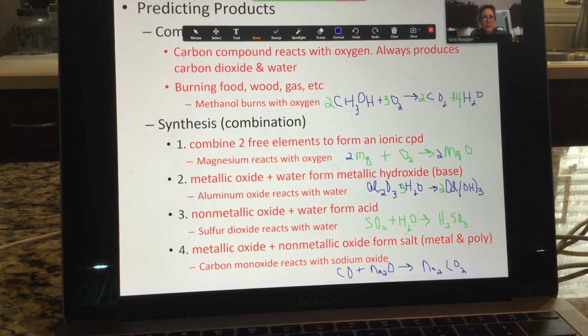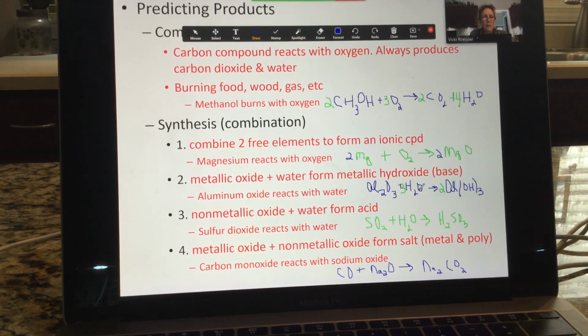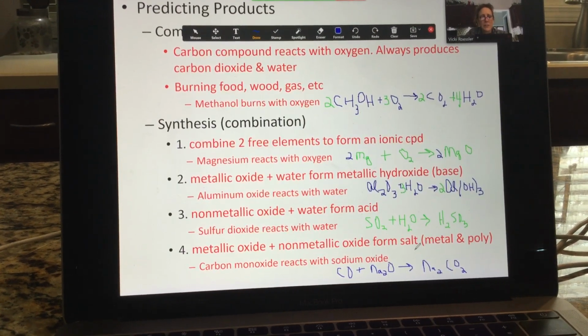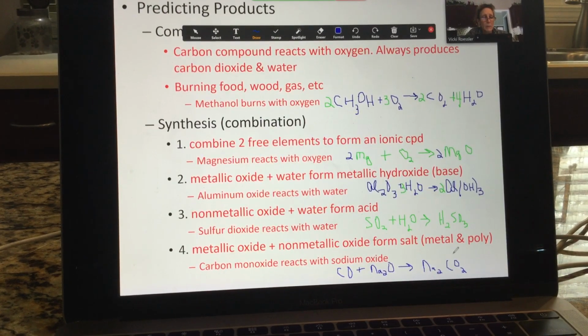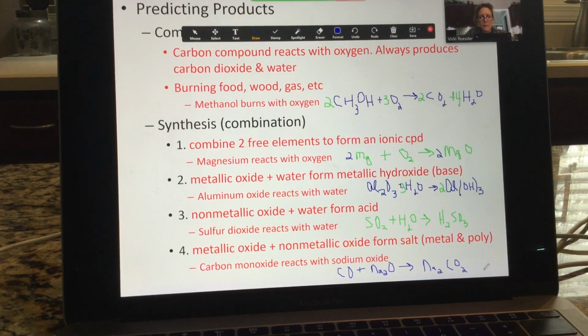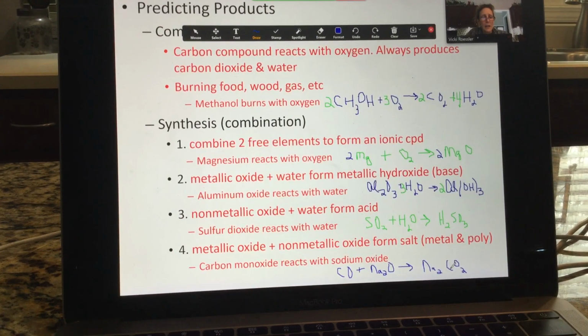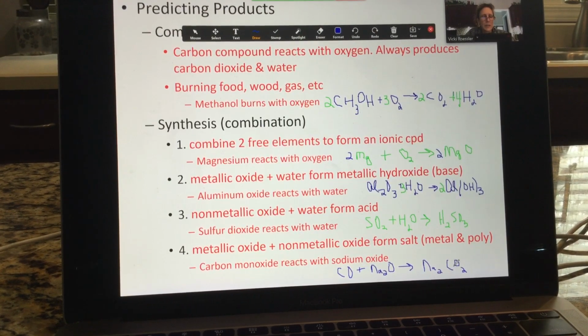The majority of synthesis reactions that you'll see are these first two, individual elements making an ionic compound, or a metallic oxide and water making a metallic hydroxide, because there's only so many combinations for these last 2 synthesis reactions that I can give you that will work out. But these last 2 will always balance out on their own, since we're just combining everything into the format. But make sure you're writing the salt properly with the metal first and then the polyatomic second.